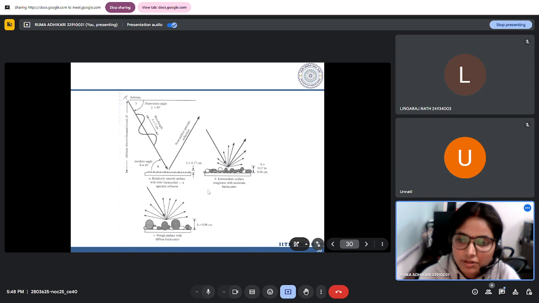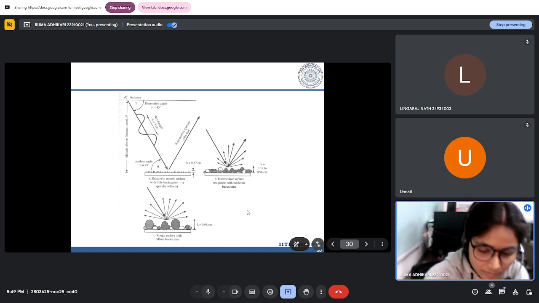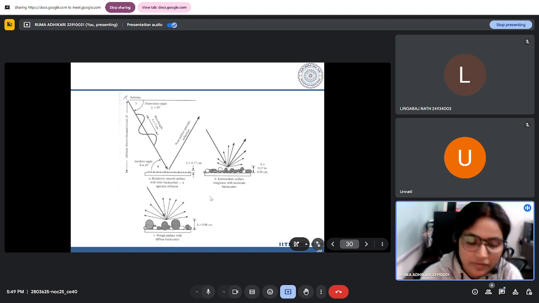This is how it is reacting. For a relatively smooth surface, specular reflection is happening, near perfect specular reflection. When we get signal or data from an area of the earth's surface, nothing is ideal, everything is a natural target. So everything will be a mixture of all the geometric properties, nothing is perfectly smooth.